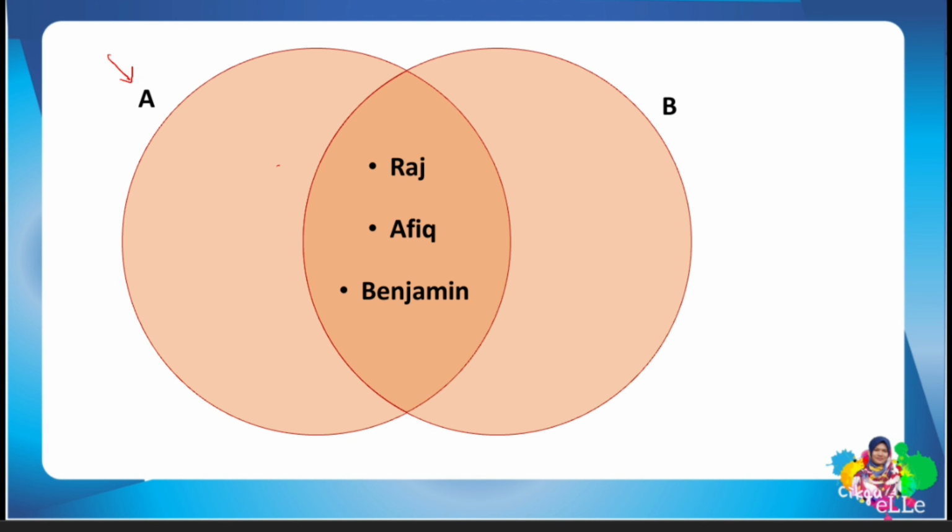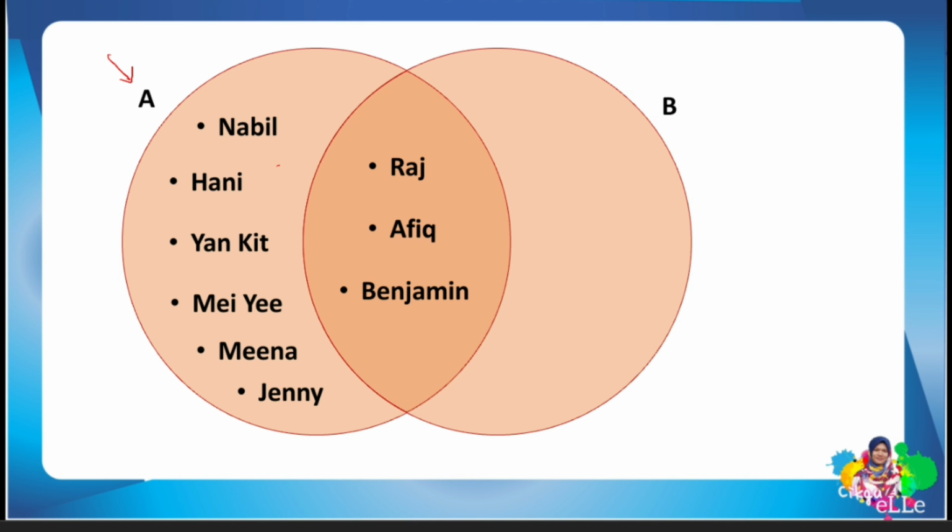Next, you write the other elements which are not in the intersection. Okay, Nabil, Hani, Yankit, Mei, Mina, and Jenny. And for set B, the other elements are Navin, Amirul, and Khairi.